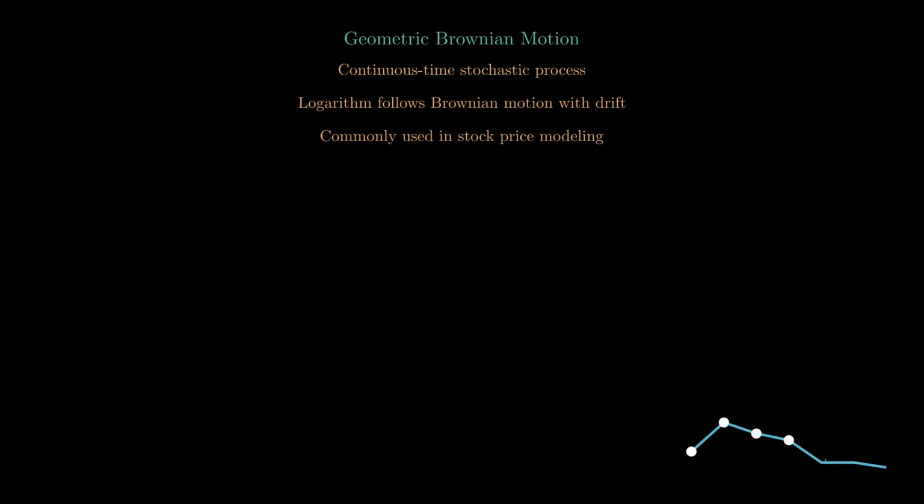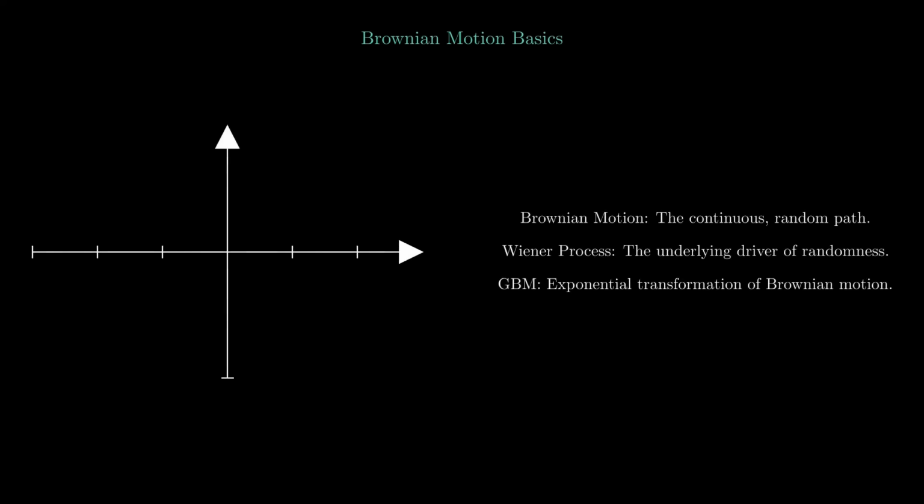Now, observe the stock chart emerging in the bottom right of your screen. Notice how the line, with its minor random fluctuations, mirrors how stock prices might move over a trading day. This visualization bridges abstract stochastic processes with tangible market behavior. Welcome to Scene 2, Brownian Motion Basics. In this part, we'll explore the core idea behind the random, yet continuous motion that underpins many models in finance and physics.